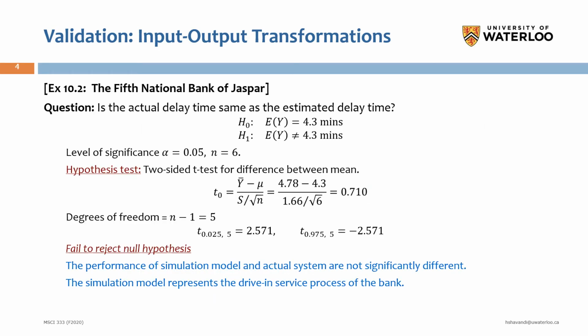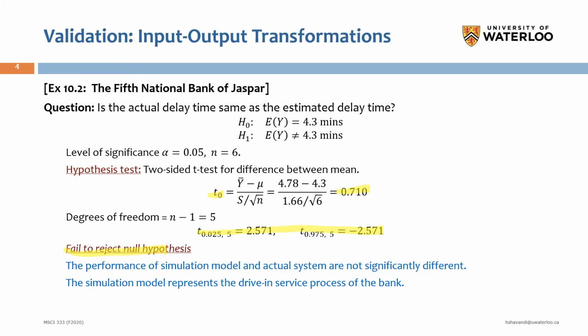Again we apply the hypothesis test, and with the new values for y bar and s, t0 now becomes 0.710, and you see that this number lies between minus 2.57 and 2.57. So now we fail to reject the null hypothesis, right?